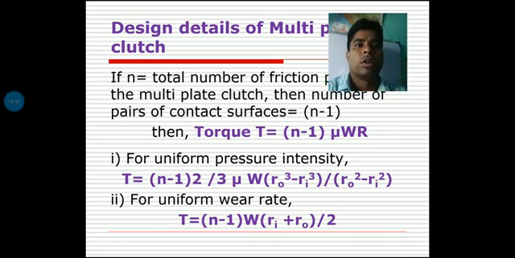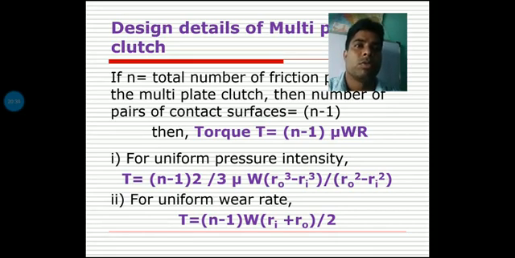If the driving shaft has four plates and the driven shaft has five plates, the total number of pairs of contacting surfaces is obviously 5 plus 4 minus 1, because a pair of contacting surfaces means two plates are in contact; otherwise it is meaningless.